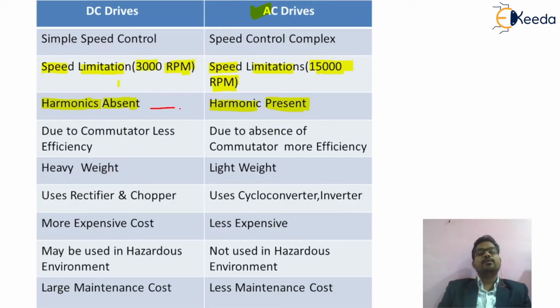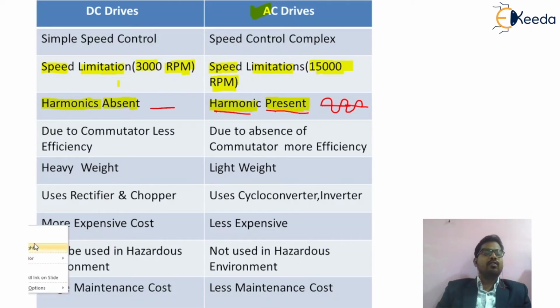Similarly, in the AC drive, harmonics are always present, because we are using the AC supply. So this is the next very important point for the choice of electrical drive, or the status of DC drive and AC drive.